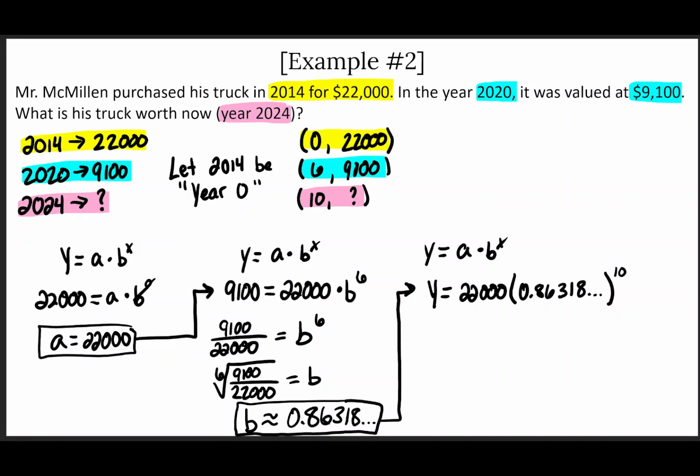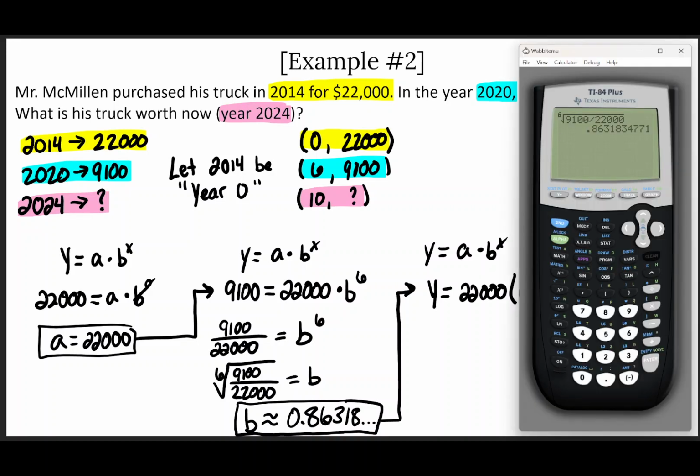All right, I need to type that expression into the calculator without the y equals. So 22,000 times 0.86318. Calculator is being slow. And then raise it to the 10th power. I get 5,051 and some change.